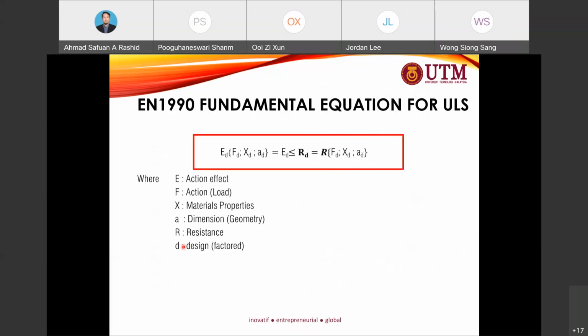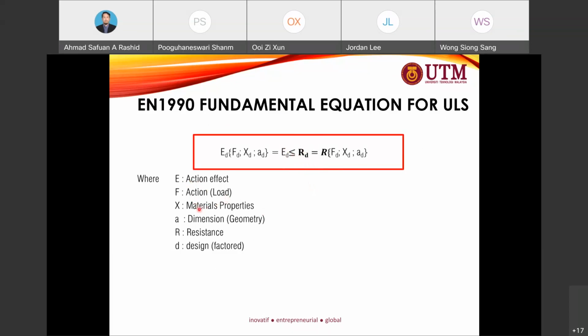So this is an example of the equation for ULS. We may learn during the example. We need to identify that E is the action effect, while R is the resistance. So we need to make sure that the resistance is greater than the action effect.